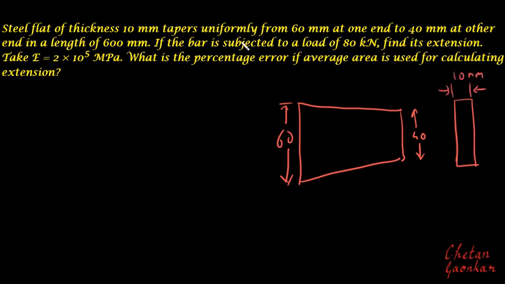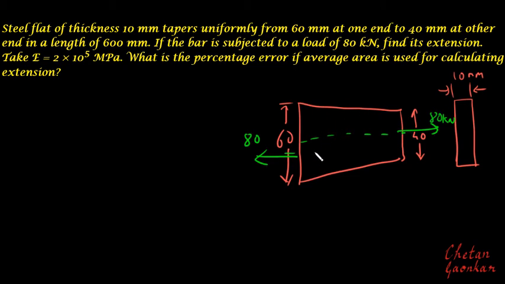Suppose this bar is subjected to a load of 80 kilonewton. This should be a coaxial load, passing through the axis of the bar. We need to find its extension.